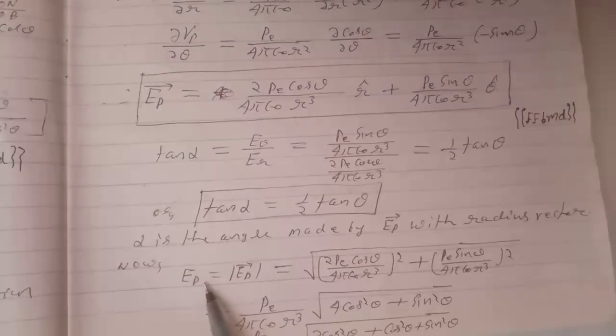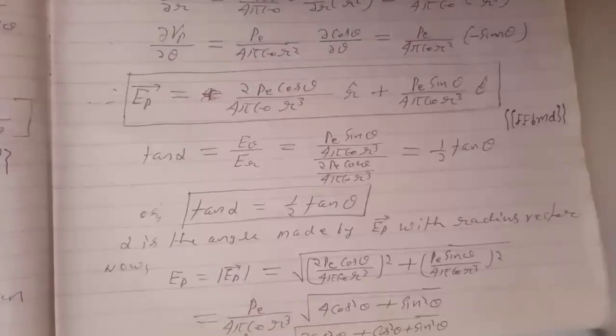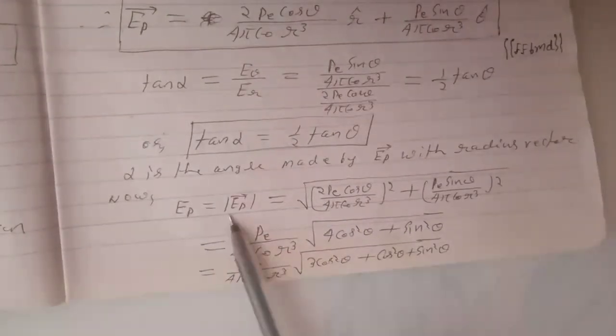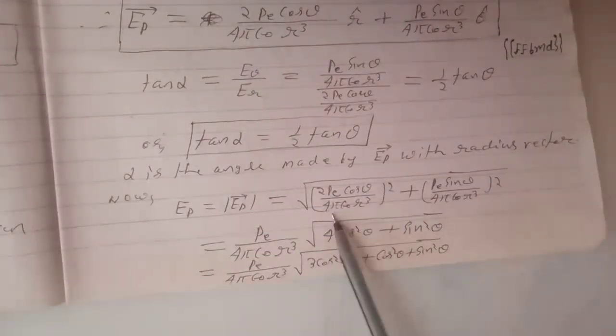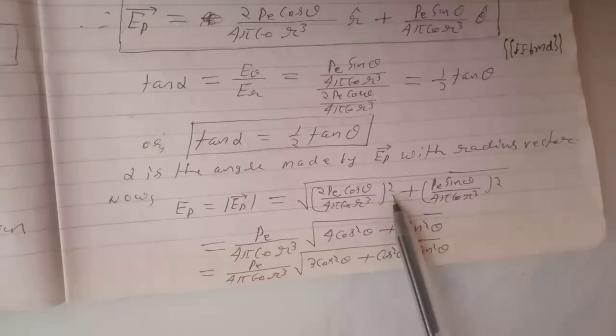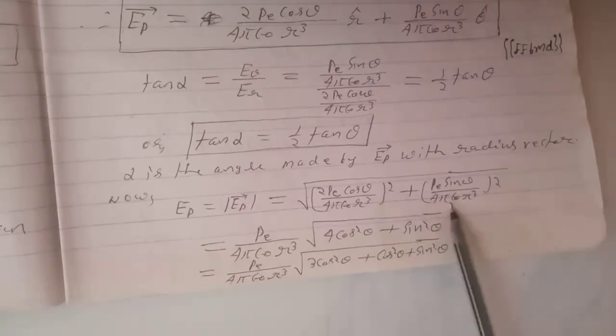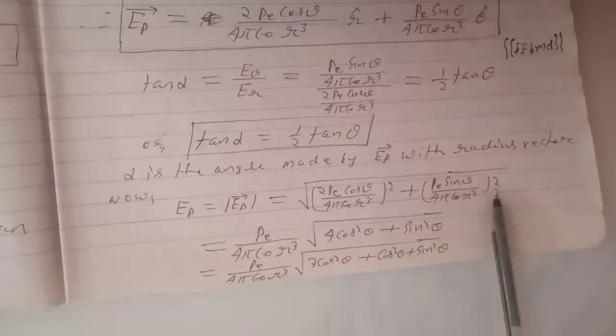Now the magnitude of E_p will be equal to under root 2p cos θ by 4πε₀ r cube, the whole square, plus p sin θ by 4πε₀ r cube, the whole square.